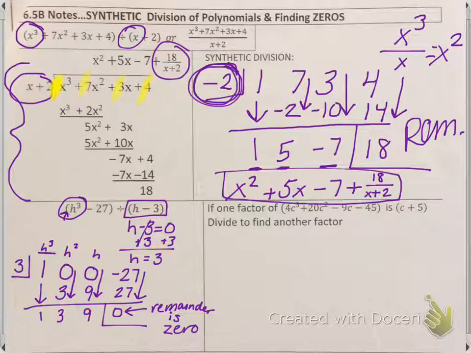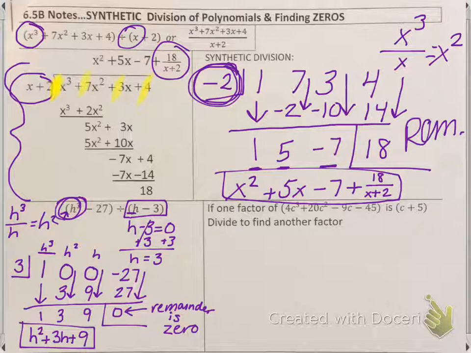So if I take the h to the first out of that, in other words, h to the third over h to the first, I'm left with an h squared equation. So this new expression is always 1 degree less than this because we're taking out one of those degrees. So I have 1h squared, positive 3h, positive 9, and no remainder. And that's my synthetic division for that one.